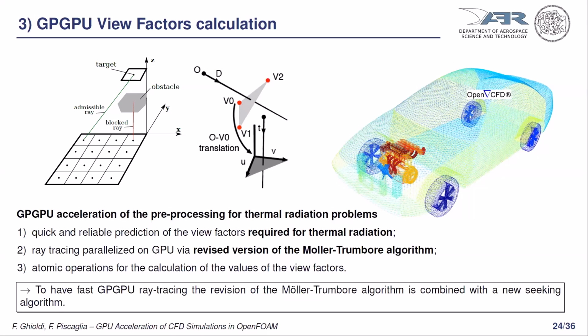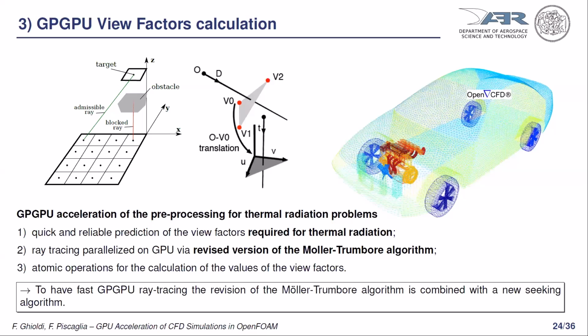So we were asked to try to find a way to accelerate the calculation of the view factors, and this is an application in OpenFOAM, as you know. We evaluated the application, and we said, okay, there are two parts that we can accelerate. The first one, as everybody can think, is the ray tracing. The second part is the actual calculation of the view factors. The way the application works is that the ray tracing is done in order to understand which face sees the other.